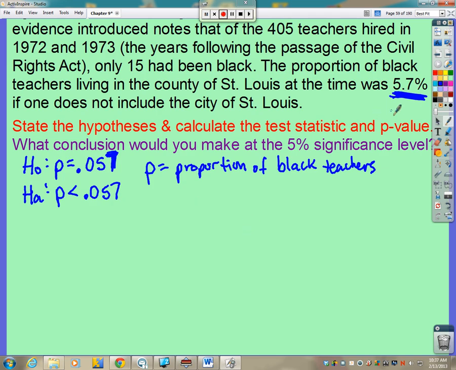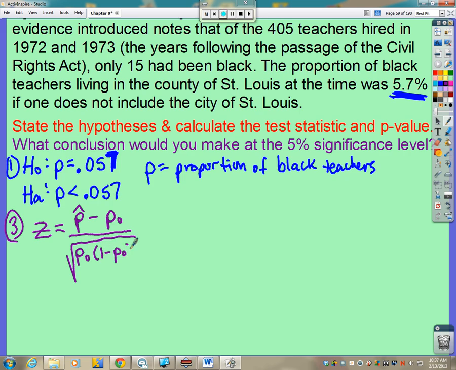All right, so again, this would be step number one, stating our hypotheses and defining our parameter. Step two would be our conditions, which I said for now we'll skip over and assume that's true. So then we'd move on to step three, our calculations. And we need to calculate a test statistic, a z-score. So our formula was p hat minus p sub naught over the square root of p sub naught times 1 minus p sub naught all over n.